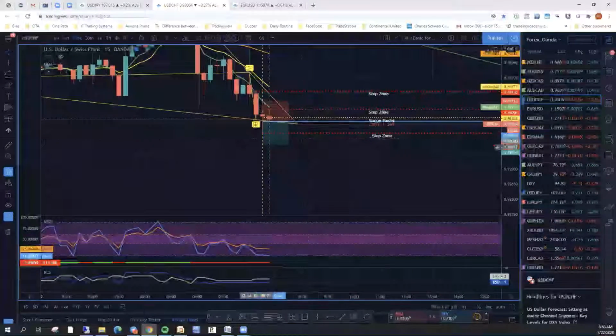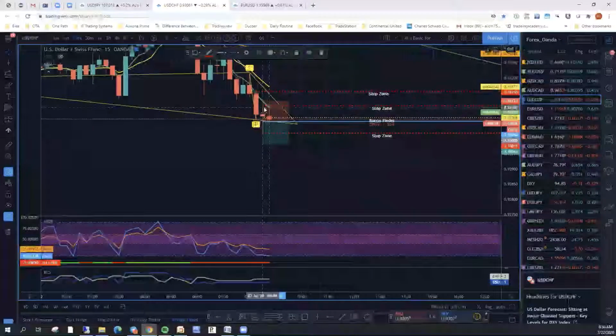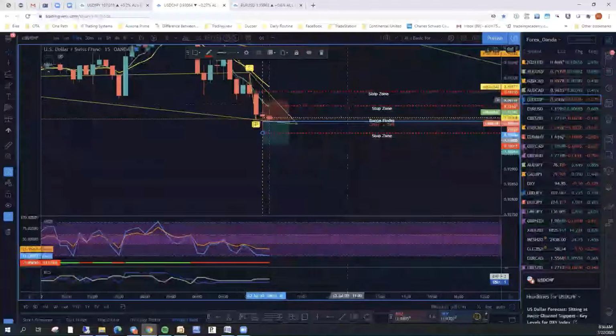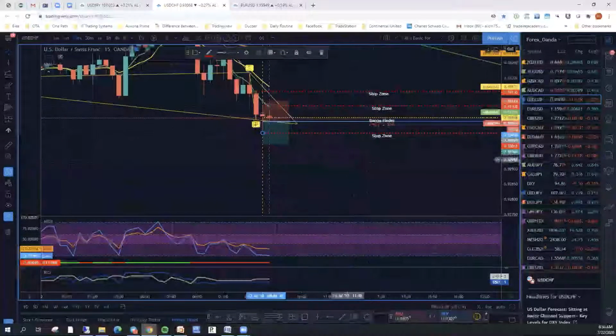And right now we have an inside candle between the top of this 15-minute wick and the bottom. So right now it's trading inside this zone right here, which is from 93.10 to 93. So we have a 9-pip range right now on this 15-minute chart.